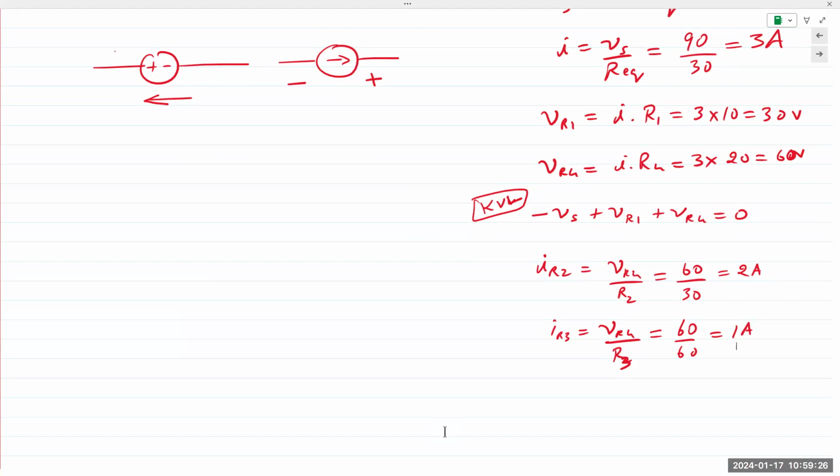Question being asked is, why is VR4 the same for both? The answer is because they're in parallel. To take that point a little further, VR4 is a result of R2 and R3 acting together.